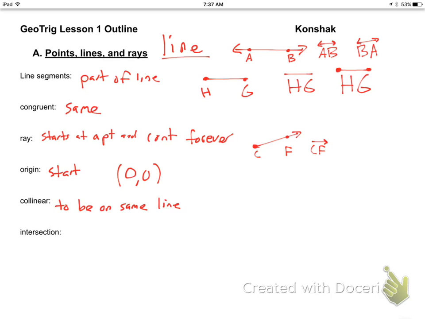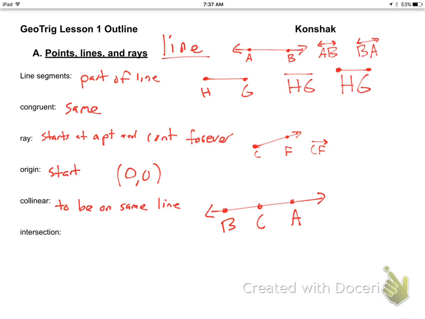If I told you A, B, and C are all collinear points, means that here's a line, A, B, C. They're all on the same line, right? A, B, and C are all collinear, or B, C, A are collinear, or A, C, B are collinear.